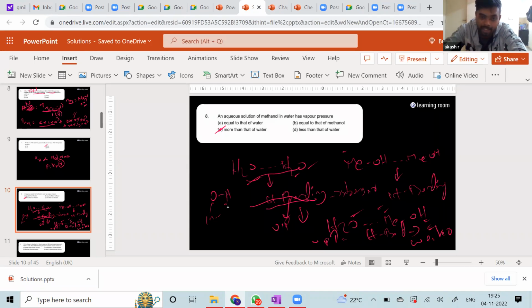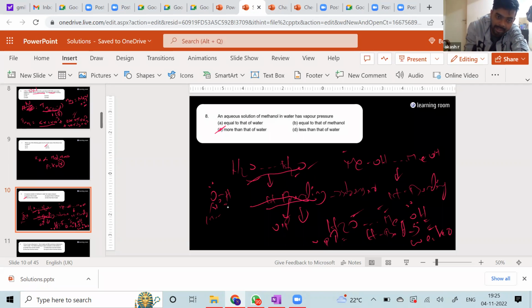And the second condition is that the hydrogen acceptors should have a lone pair. Now, in both cases, the hydrogen acceptor capability is the same. In H2O, oxygen has 2 lone pairs. In MeOH also, oxygen has 2 lone pairs. That is not changing. But what about the hydrogen donor capacities?